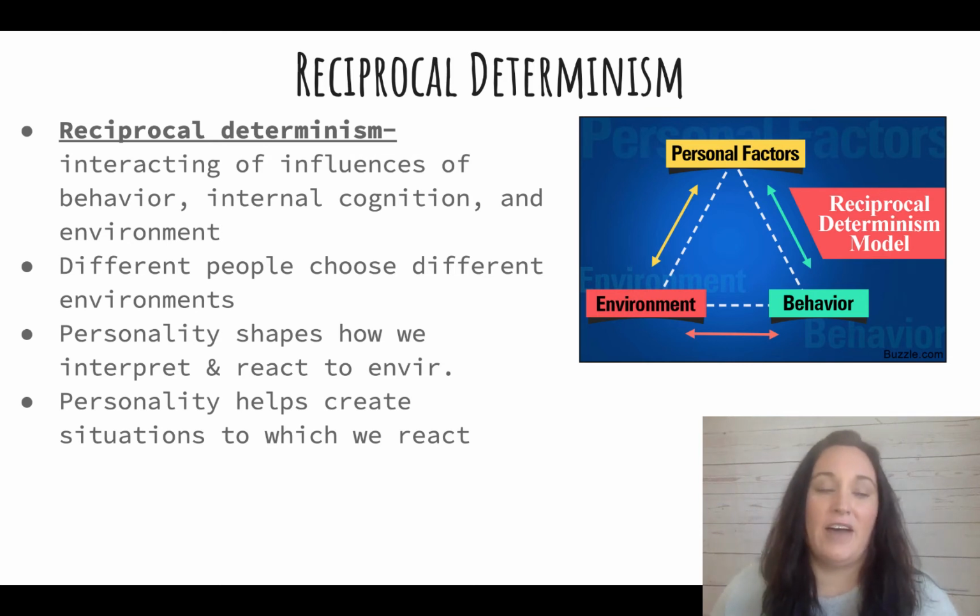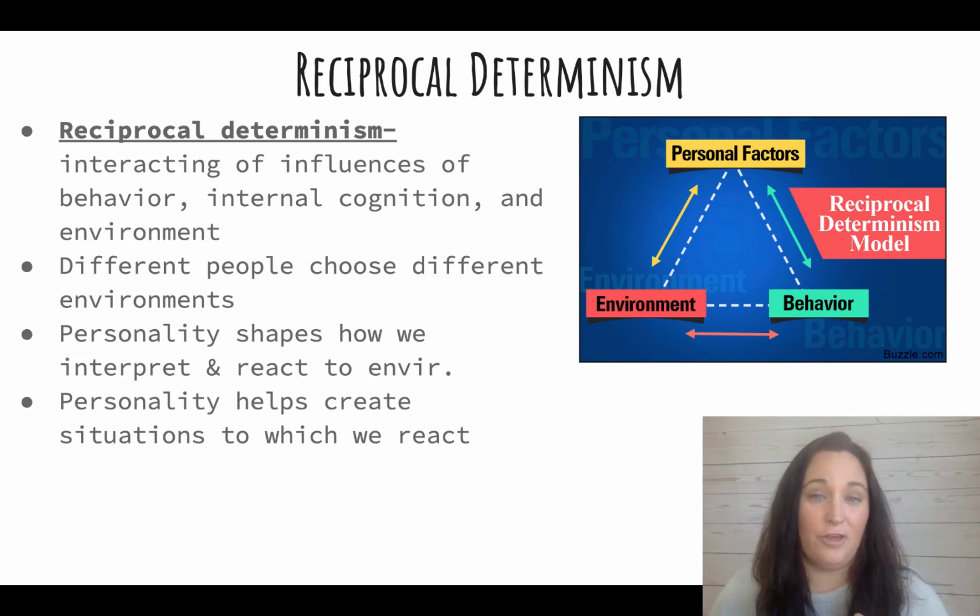So an important component of the social cognitive perspective is reciprocal determinism. You have interacting influences of your behavior, your internal thoughts, and your environment. For example, someone who is more outgoing, extroverted, maybe more of a risk taker, maybe they have been in an environment that has encouraged and positively reinforced them to be a risk taker.